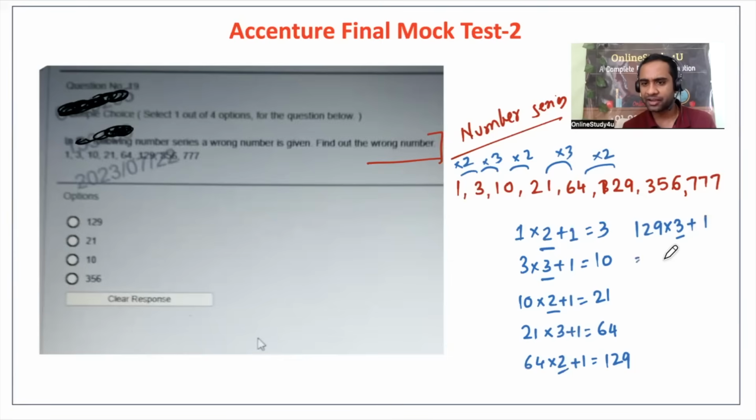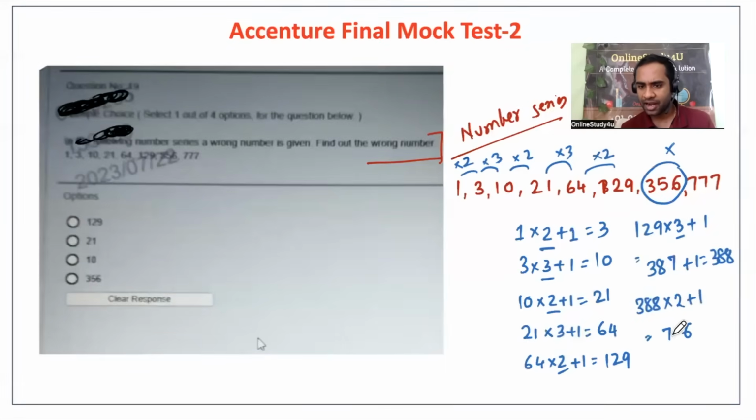So basically it should be 388, but here we have 356. So this feels like the culprit. And then 388 into 2 plus 1 gives 777. So yes, correct. If we change this, then my problem will be solved, and option D will be the correct answer.